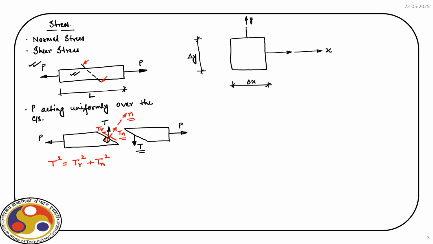So, we will have sigma, that is the normal component, and then we will have tau. Obviously, on the opposite face we will have again sigma, and then we can easily draw the shear stress tau.